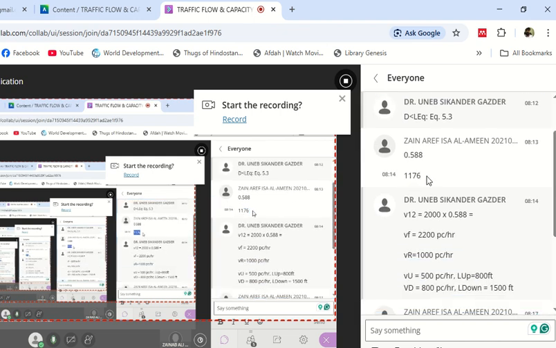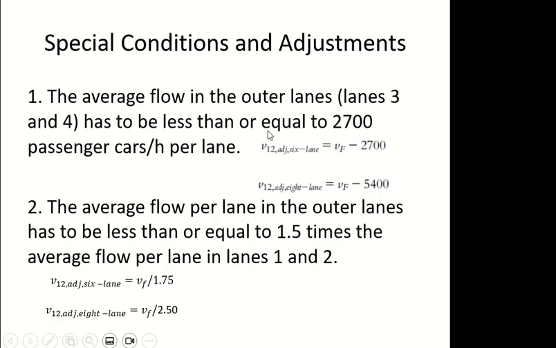Out of 2000, I have 1176 in the first two lanes, so the remaining 800 something is in the outer lane. Since I have only one outer lane, that is 800 something per lane. If I apply the check, it will be satisfied.